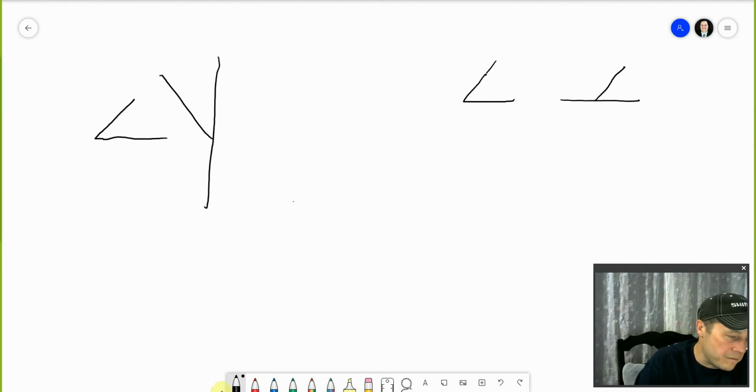Well, let's identify the parts of these triangles so that we can get this. So this is point A, B, C. I'm going to take this down just a hair.